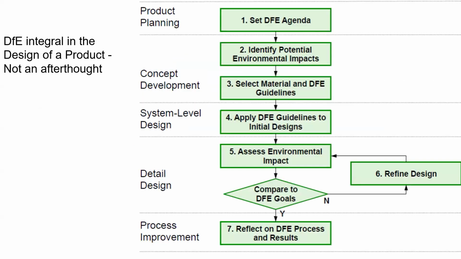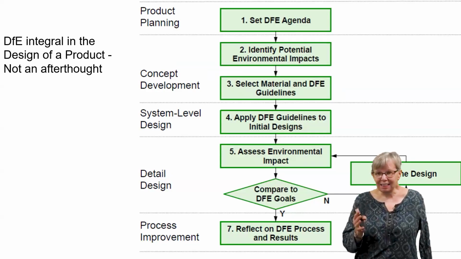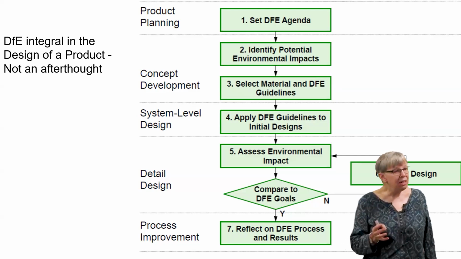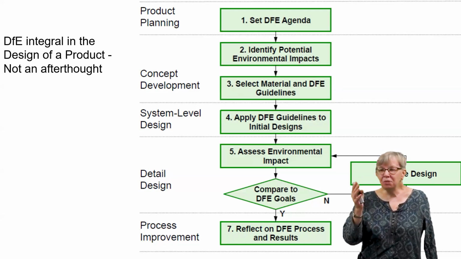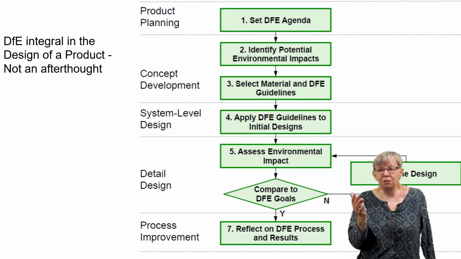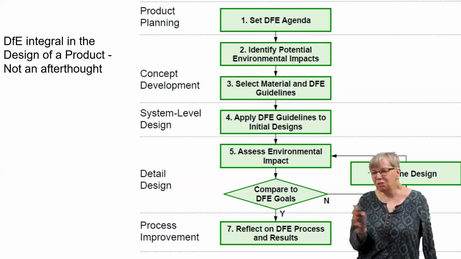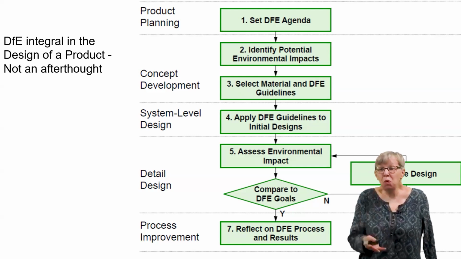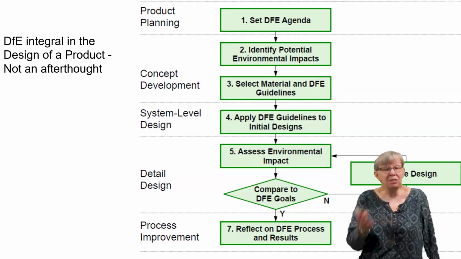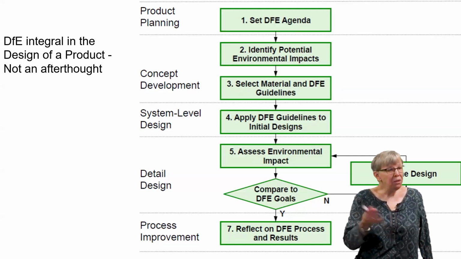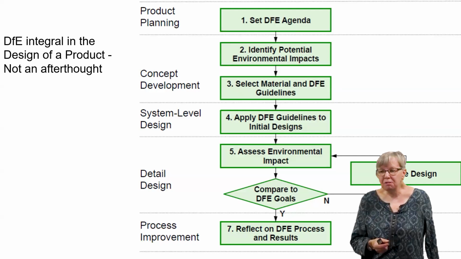So, and as I said yesterday, this is integral from the start, ideally. Right? You've got a new product idea. You set what your design for environment objectives are. Remember, we are designed for disassembly, designed for zero water, designed for no toxics, right? So whatever those goals are, you've got to set those. You can't do all of that, but hopefully you think about this from a systems perspective.